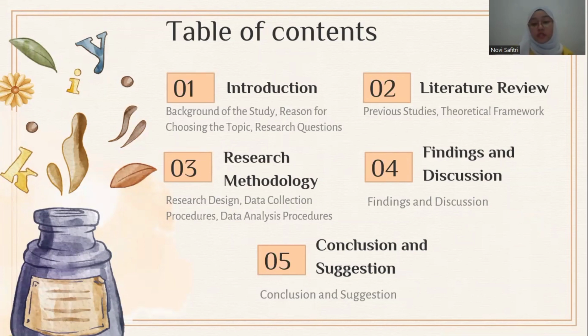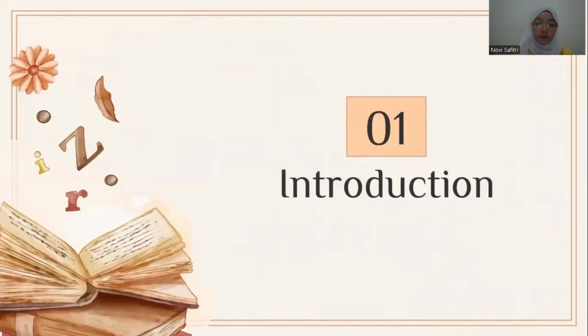It consists of previous studies and theoretical framework. The third one is research methodology. It consists of research design, data collection procedures, and data analysis procedures. The fourth one is findings and discussion. And the last one is conclusion and suggestion. So we're moving to the first part, introduction.